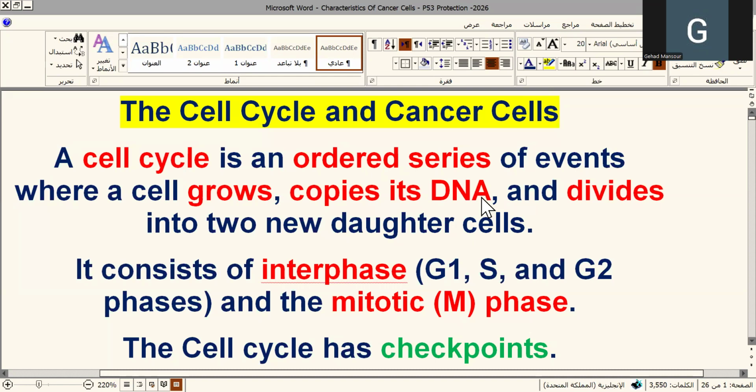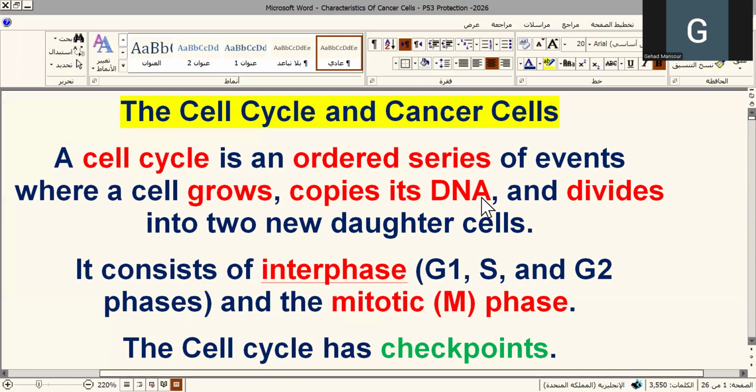But we cannot discuss the characteristics of cancer cells, which are completely different from the characteristics of normal cells, without first reviewing what we have said in previous videos about the cell cycle, because they are closely related to each other.